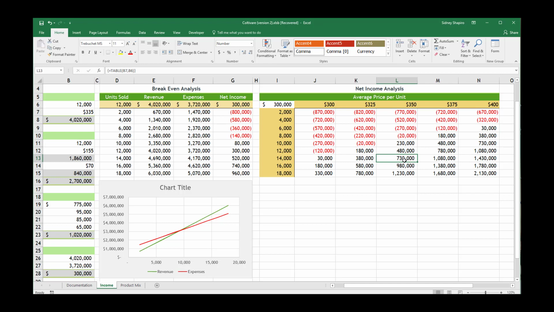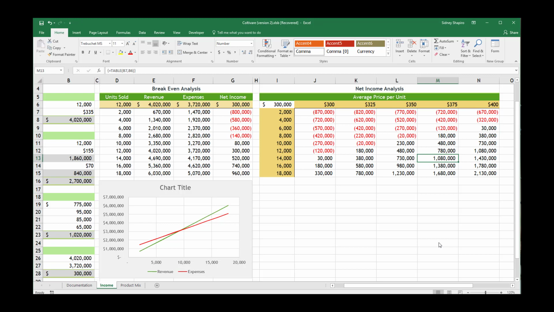Or maybe because we want to compete with the price in the market, we go for 325, and if we could increase production to 16,000, that would give us $580,000 profit. So by playing around with these, we could try to balance the numbers and find the best fit between the price and the number of units produced.